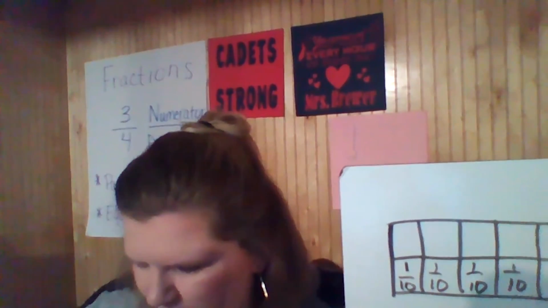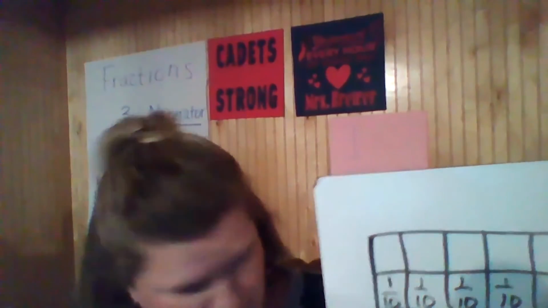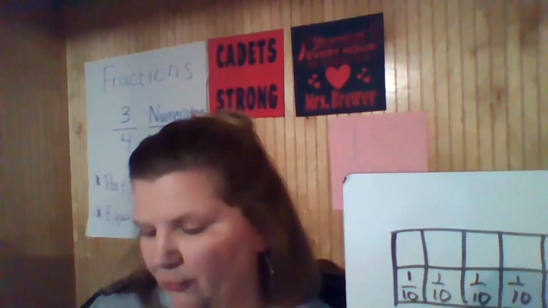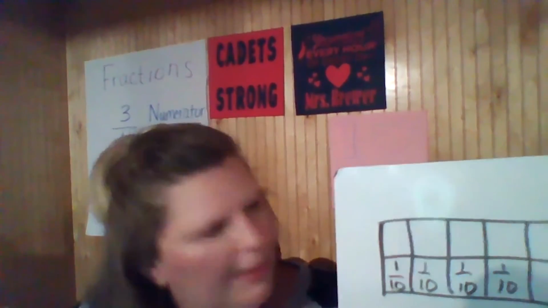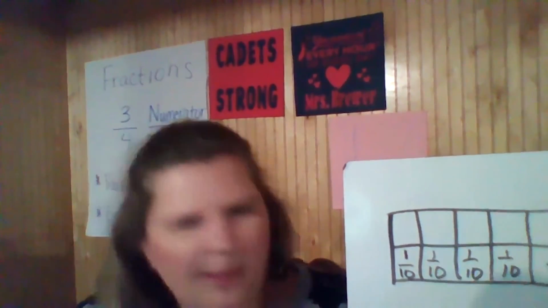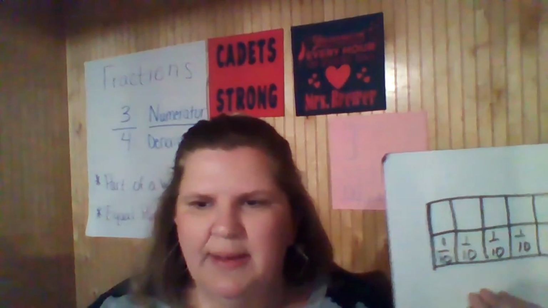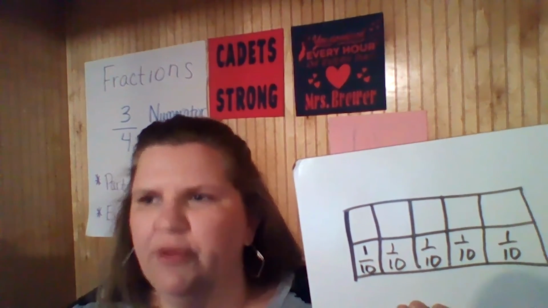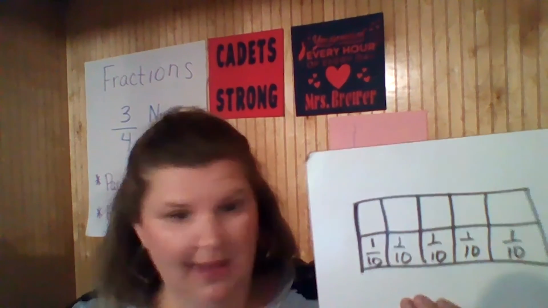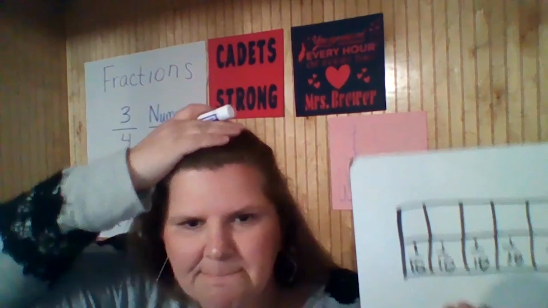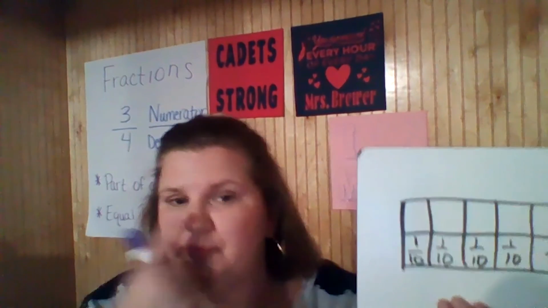Now, I want to shade 7/10 of my rectangle purple. So how many pieces would I shade? If you say 5, I want you to put your hand on your head. If you say 3, put your finger on your nose.